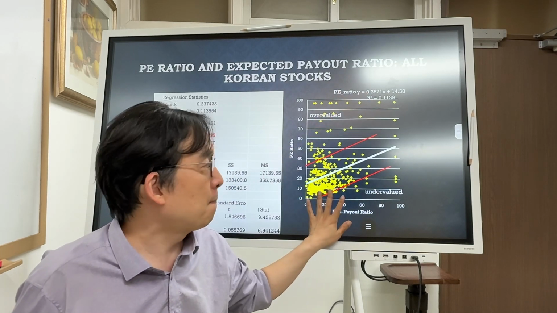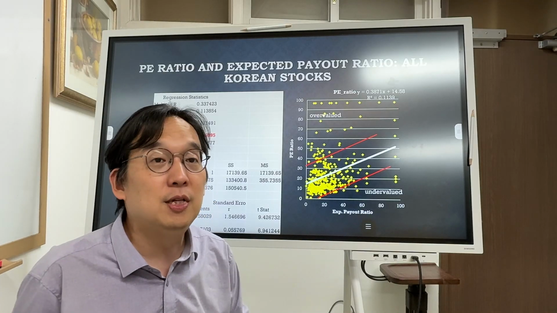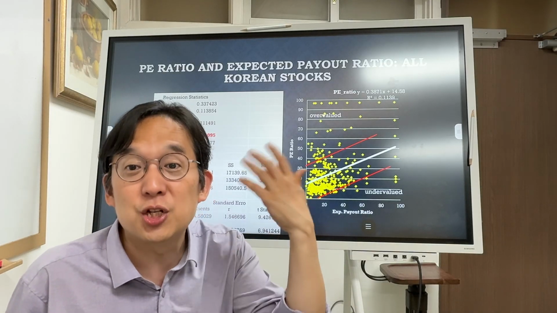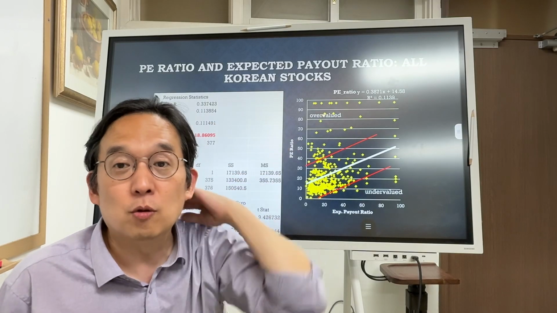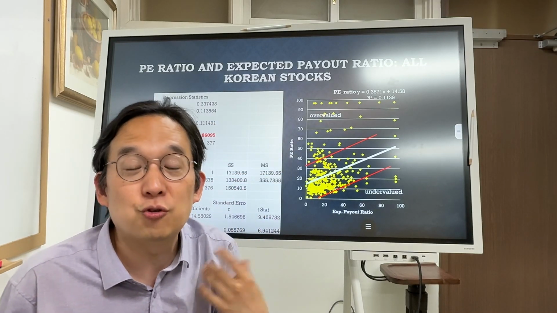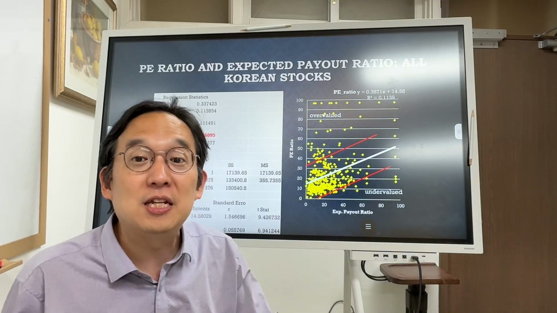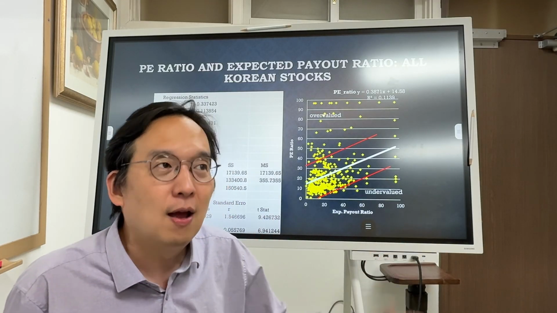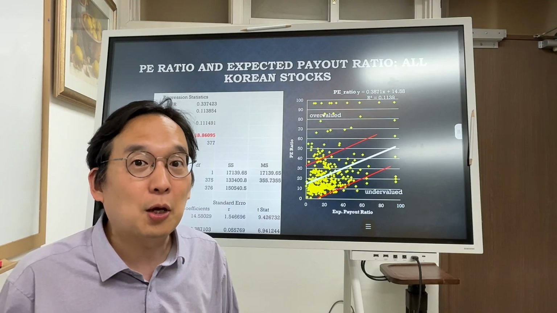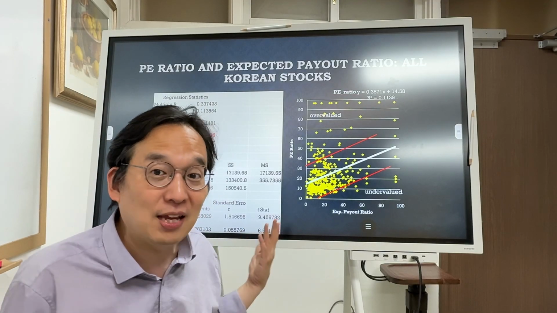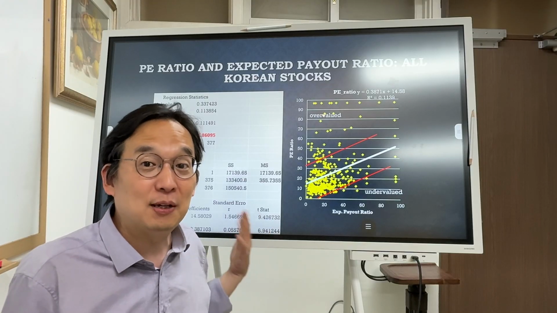Okay, this is more about dividend payout policy and how the company treats their shareholders. Would you like a company that treats the shareholders well by paying out more dividends, other things being equal? Or would you like the companies that treat the shareholders badly by not paying them, other things being equal?